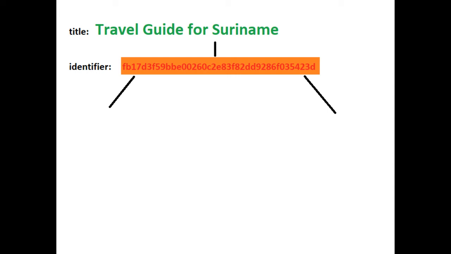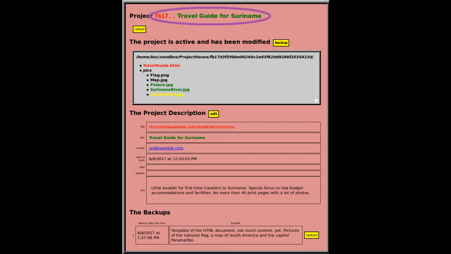By the way, you will never have to learn or memorize these PIDs because the first 2, 3 or 4 characters will always suffice to distinguish and find the project. The Caretaker abbreviates PIDs to their first 4 digits, followed by 2 dots. It always mentions projects in their abbreviated red PID, followed by the green title, as is here done in the headline.